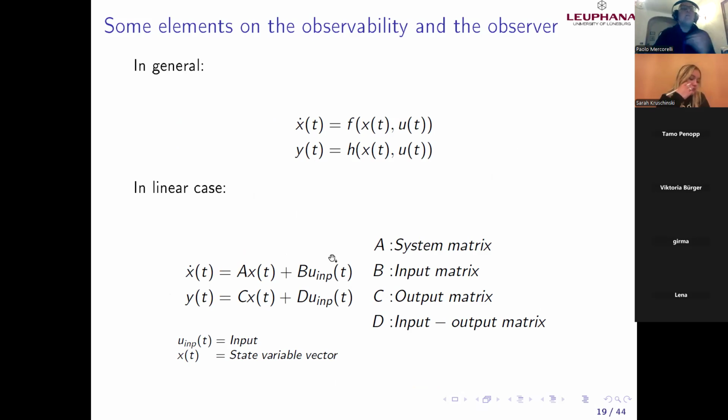Now, what I told you before, if A and B are constant, it's linear, but I must add time invariant. If A and B depend on time, we nevertheless have linearity, because I can separate the contribution of the state x and the contribution of u, but A and B change over time. This means we have a system that is time variant, nevertheless linear.